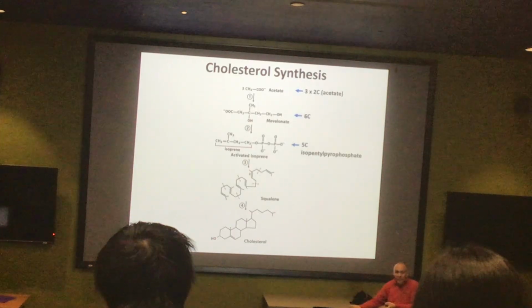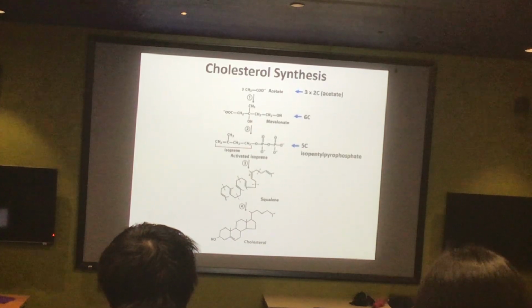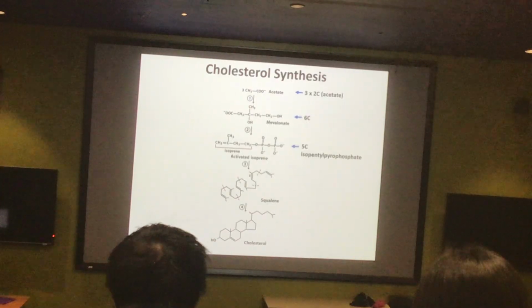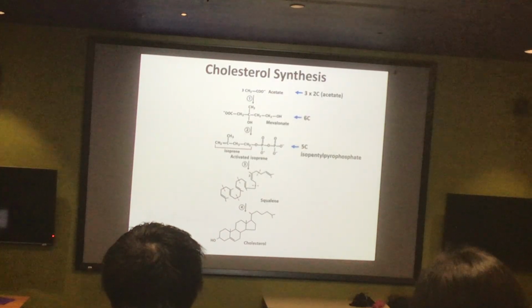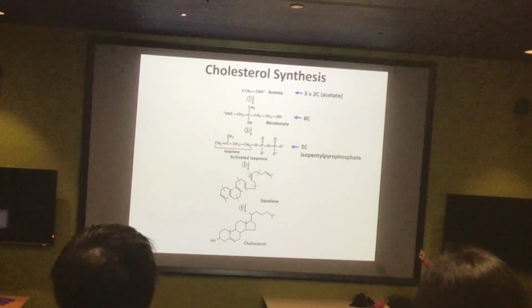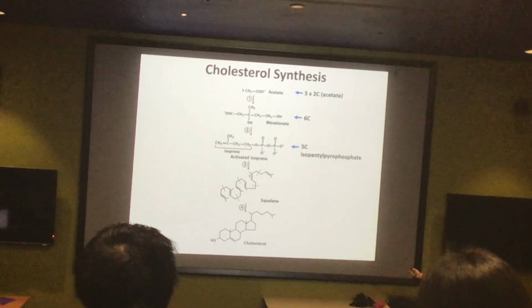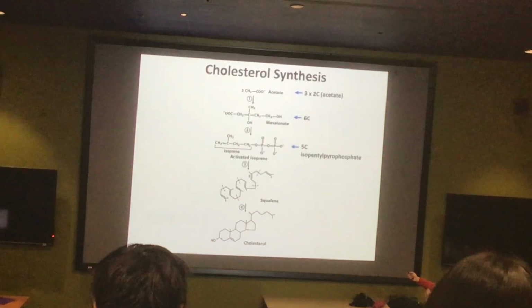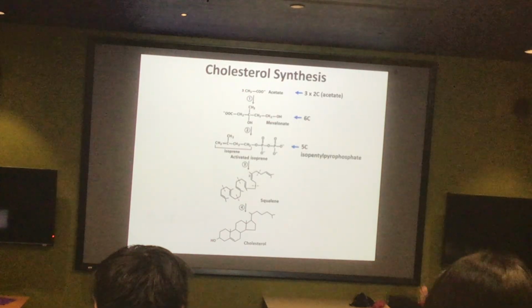So just like we did with fatty acids, let's look at a little bit of a preview. What do we have when we're looking at the actual synthesis of cholesterol? There are 4 critical phases. The first is to take the acetate and activate it into this molecule called mevalonate.